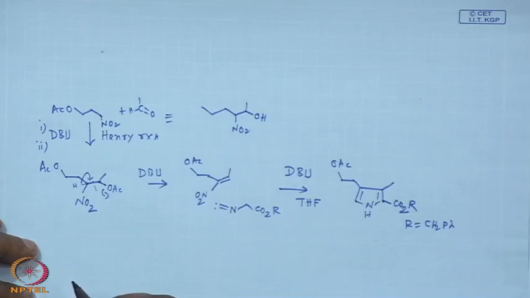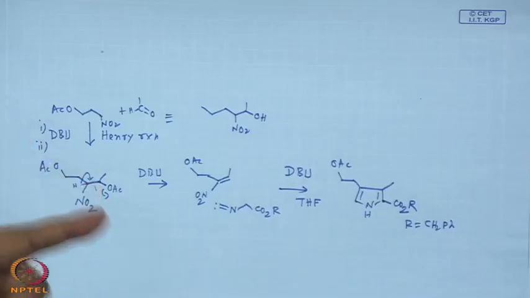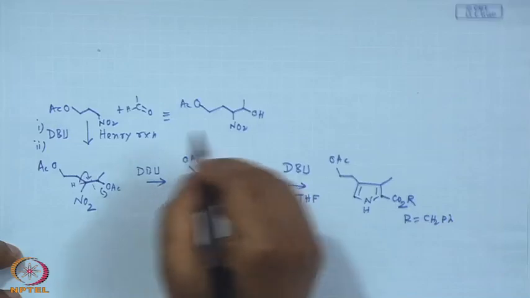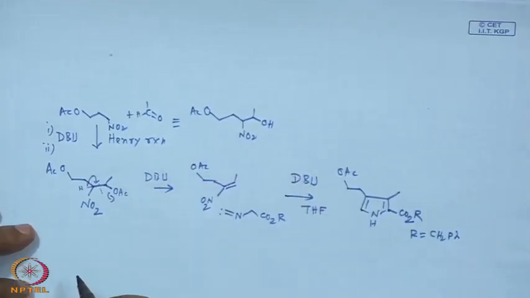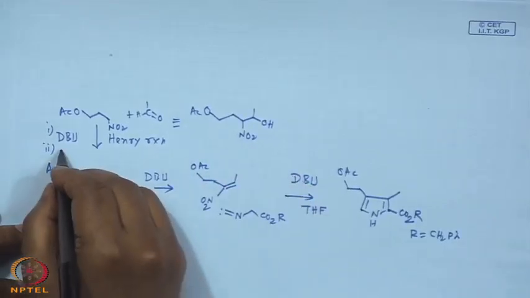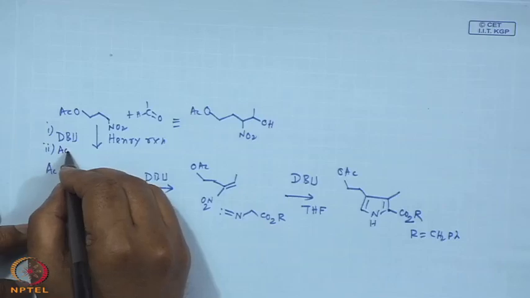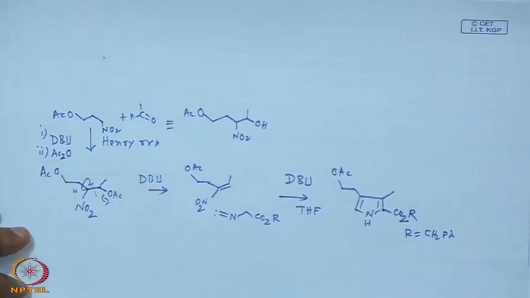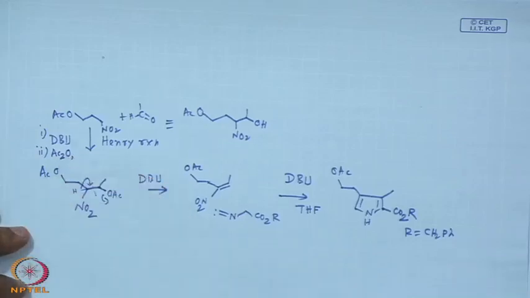In aldol condensation the two components are aldehydes or ketones, but in this case one of them is an aldehyde, the other is the nitro compound, okay. And this is OAc. So, after this aldol you get this one, then actually you have to use a reagent, acetic anhydride, to activate the OH group to make it a better leaving group. And how do you do that? Acetic anhydride and then what else?